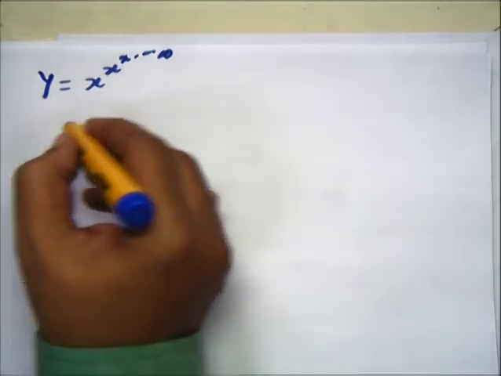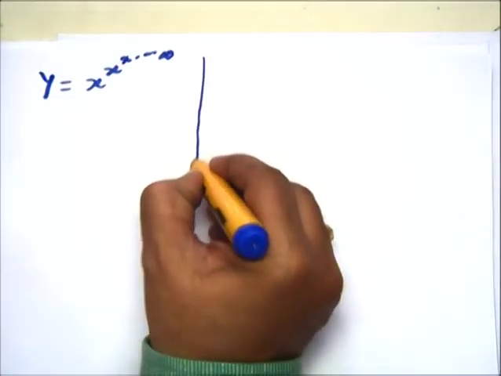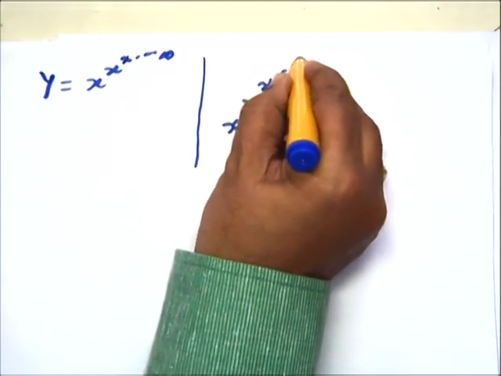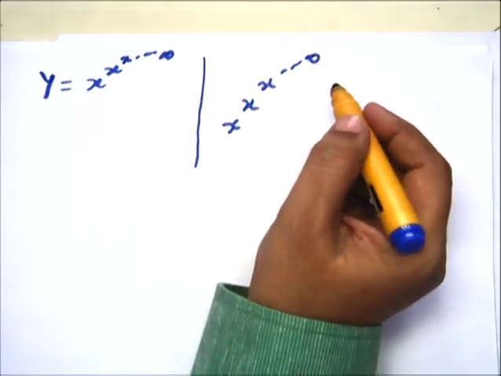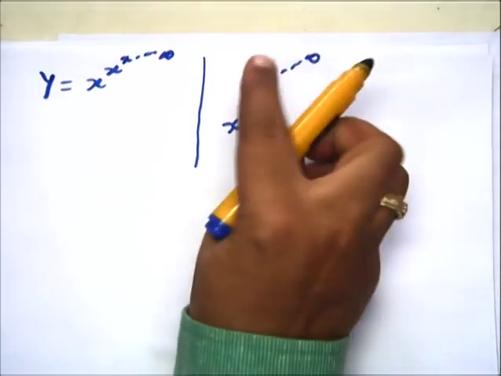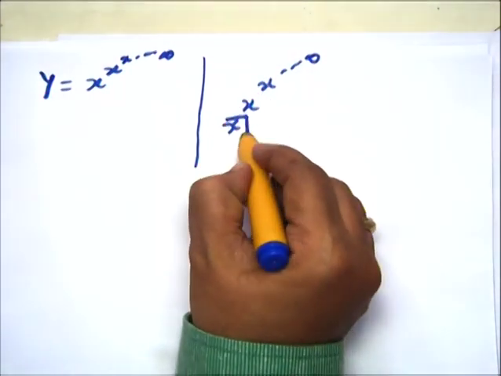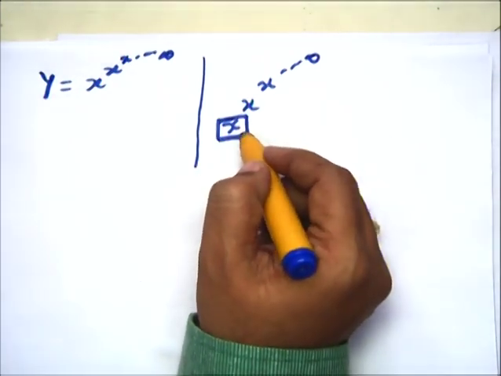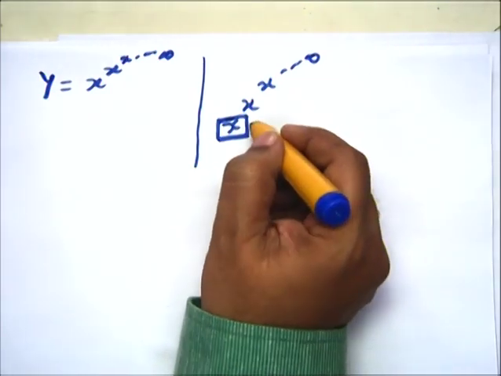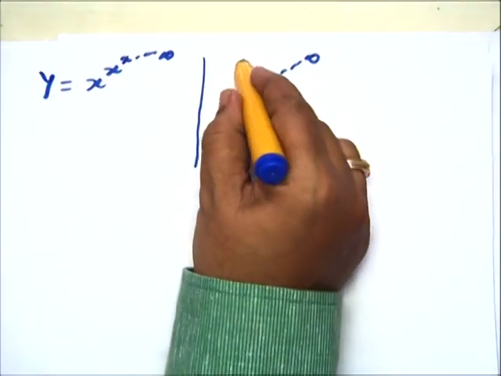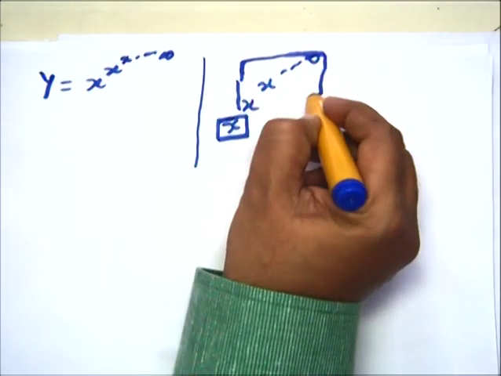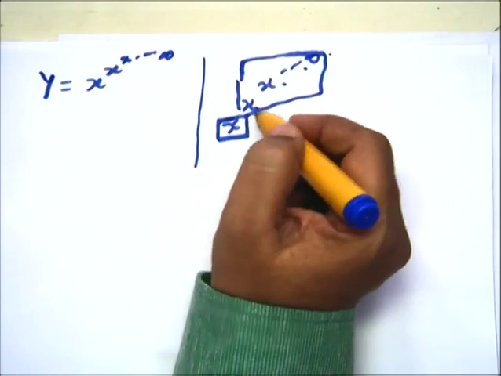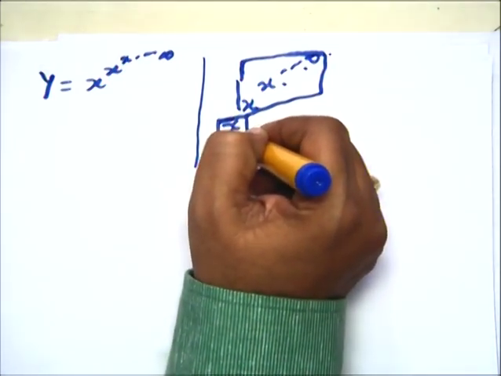Now before we differentiate, see here, x raised to x raised to x is infinite times. Now if I take one x out of this function, meaning I take it as two parts, one that is x raised to x raised to x raised to x, infinite, and one x separately.